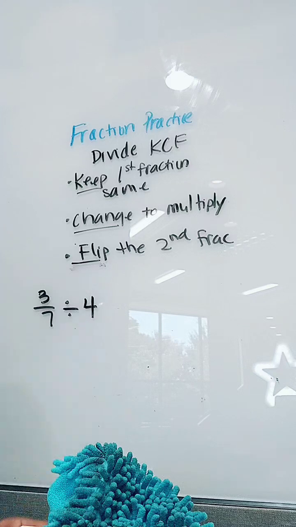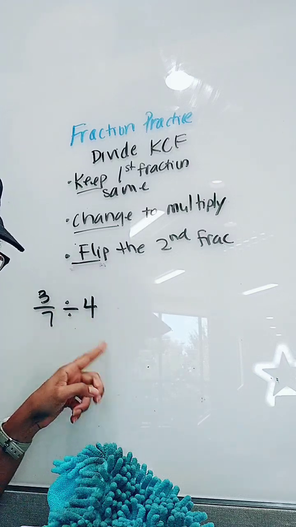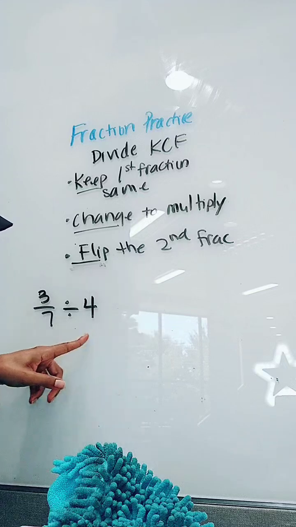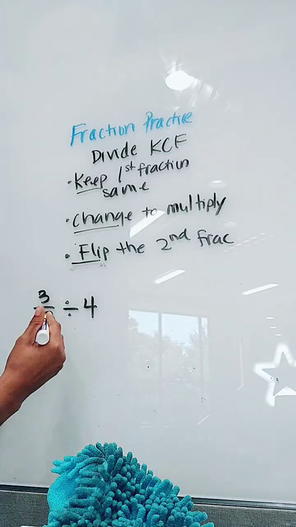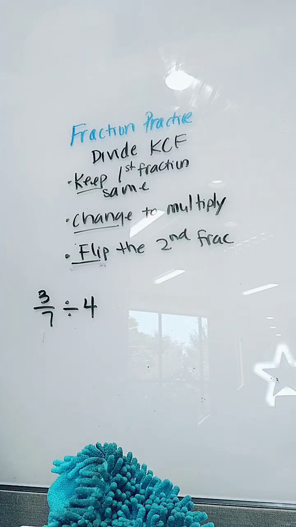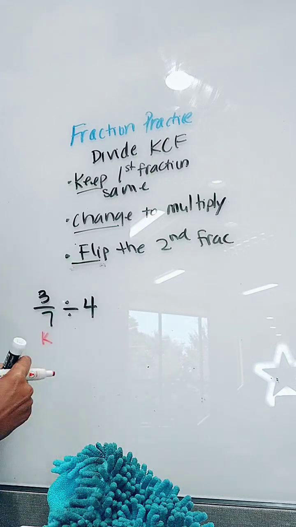What do I do? Because this is a whole number, but I need to flip it, right? I need to flip it. What do I have to flip? Anybody remember? Because I'm going to keep this the same. This stays the same. So this is just going to be 3 over 7.